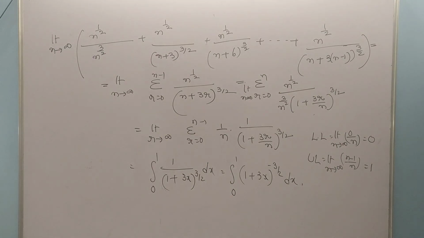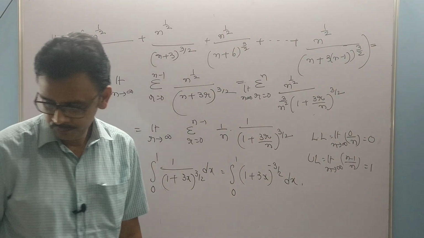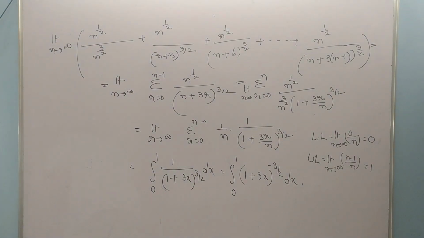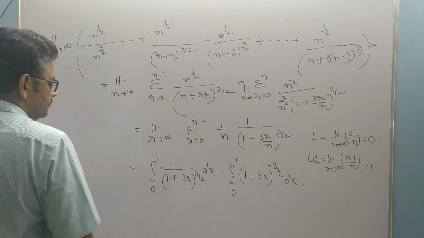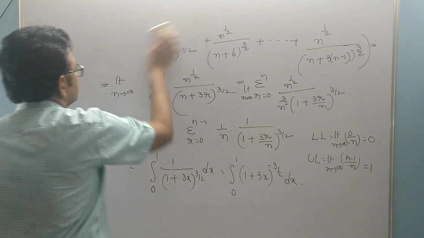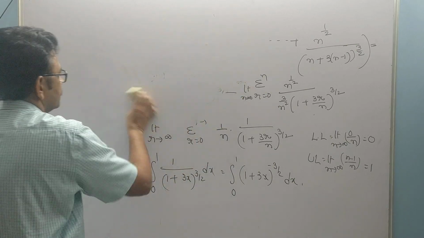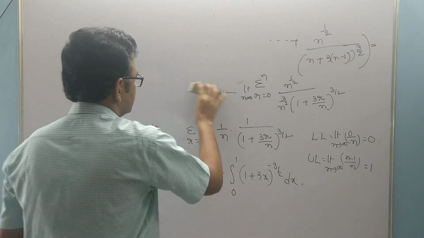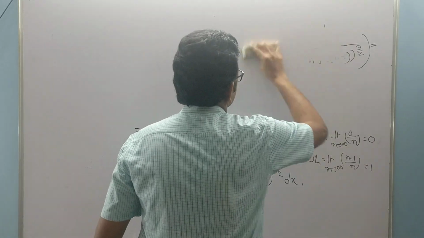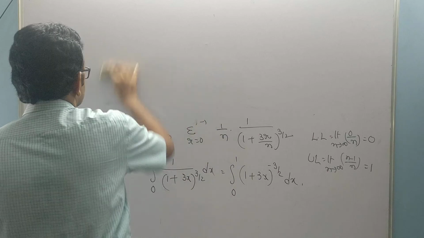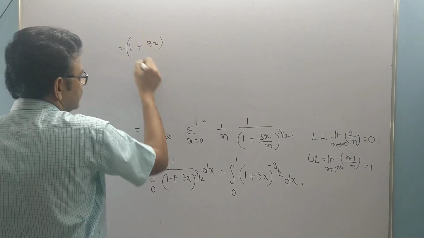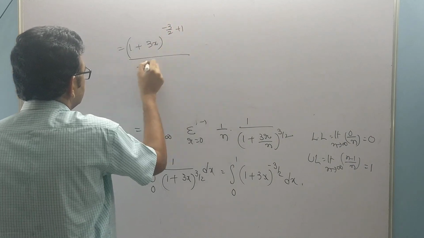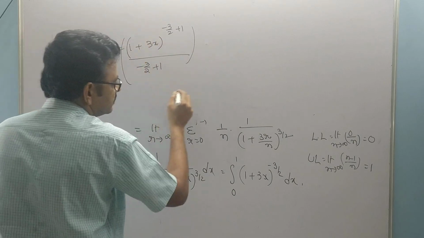So its integral is (1 plus 3x) to the power minus 3 by 2 plus 1, divided by minus 3 by 2 plus 1, with limits 0 to 1.